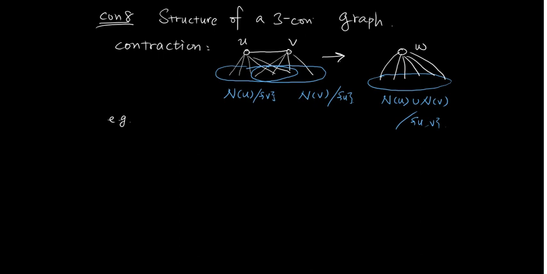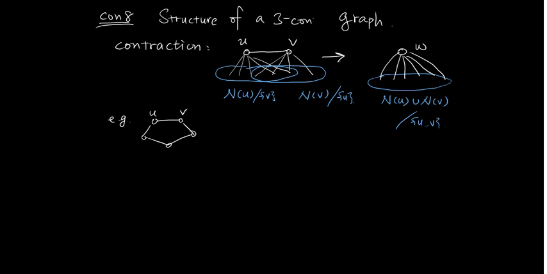It will be easier to look at a concrete example. U and V on C5. Okay, we got 5 vertices as a cycle, and U and V form an edge. U and V are adjacent.